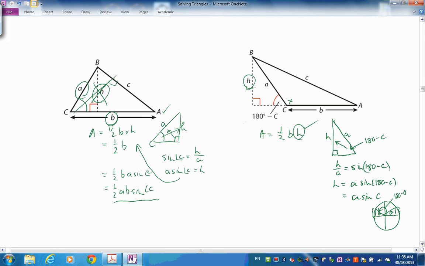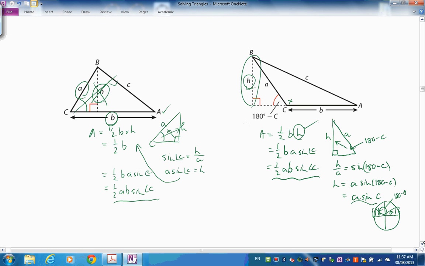That would be 180 take theta. So we've got the same expression: a half BA sine angle C, or we usually write a half AB sine angle C. So it doesn't matter whether the altitude is drawn externally. We can do without it. We don't need H directly.